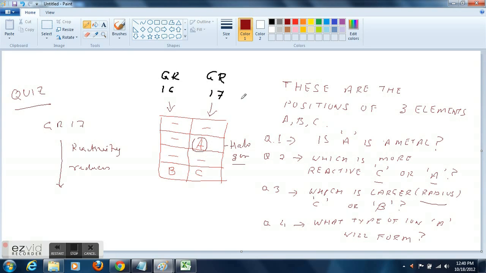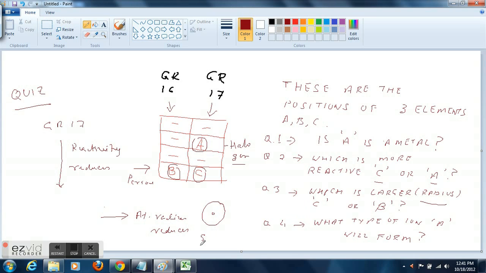Now which is larger? Question number 3, which is larger, C or B? Now we are talking about atomic radius, sorry, B and C. Now this is a period. Okay, now in a period, as we move from left to right, the atomic radius reduces because the number of shells remain the same, whereas we are adding one extra proton to the nucleus and one extra electron to the outermost shell.